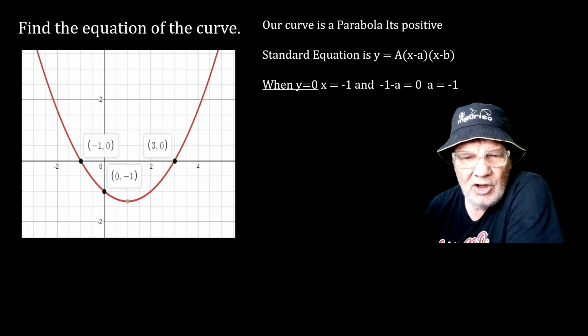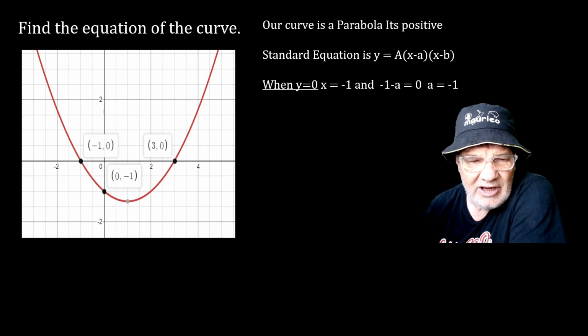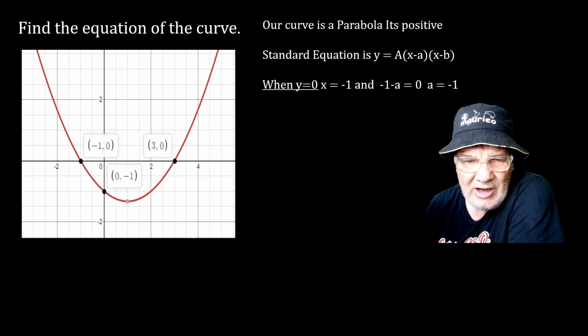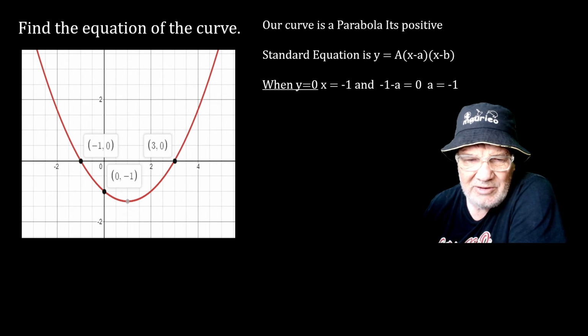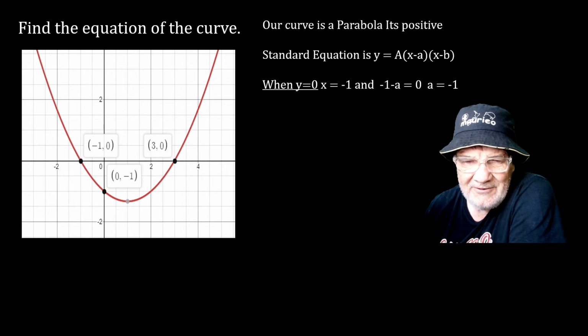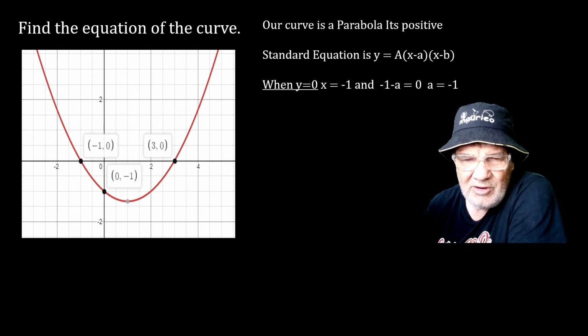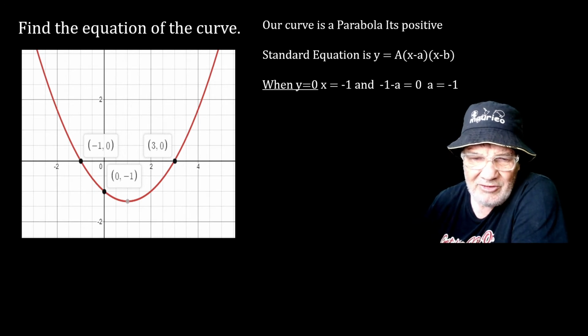Okay, so when y equals 0, x equals -1, as I have explained there. And therefore, for y to equal 0, one of those multipliers, or factors as we call them, x minus a, must be 0.